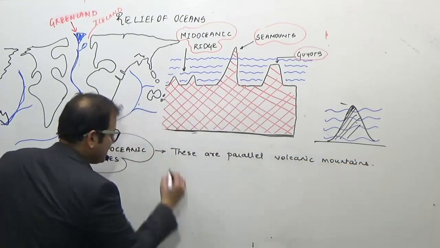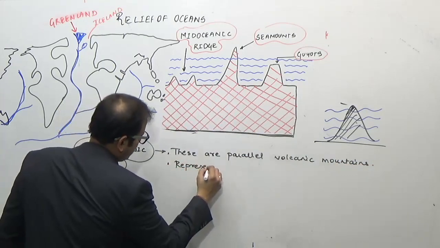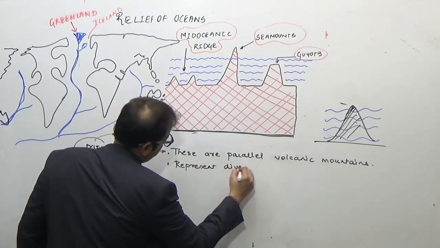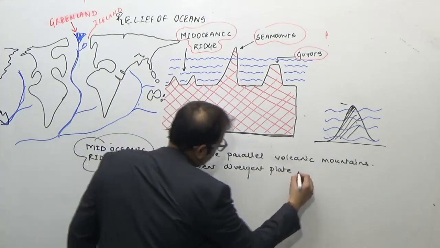What do they represent? They represent divergent plate boundaries.